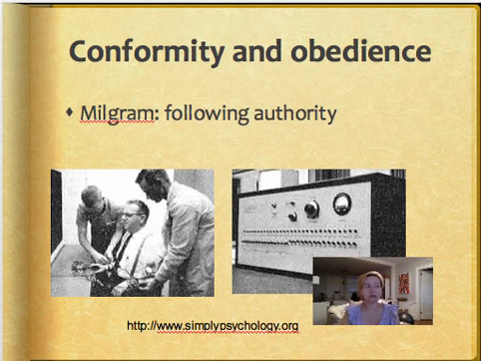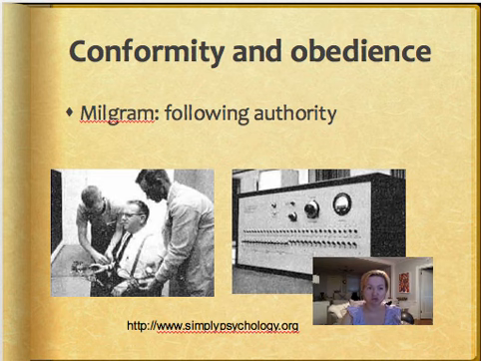Why people commit atrocity, genocide, something that they wouldn't have done otherwise. So that's one of the explanations. Of course, not the only explanation, but an interesting theory that we in conflict resolution should be aware of.